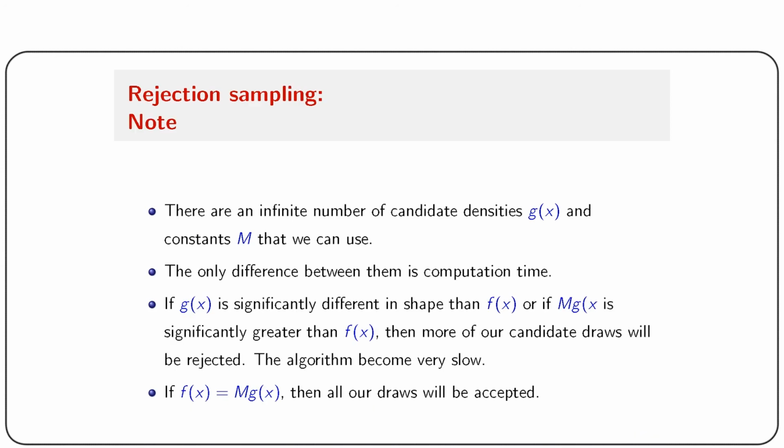And a few notes for rejection sampling. There are an infinite number of candidate densities g(x) and constants m we can use. The only difference between them is computation time. If g(x) is significantly different in shape from f(x), and if m g(x) is significantly greater than f(x), then more of our candidate draws will be rejected.